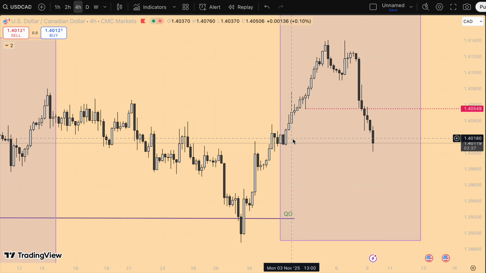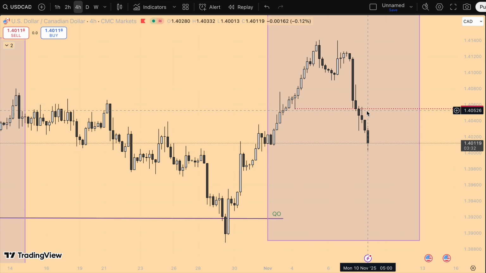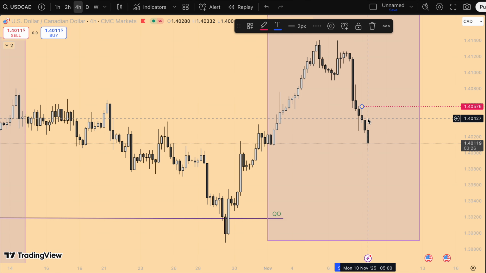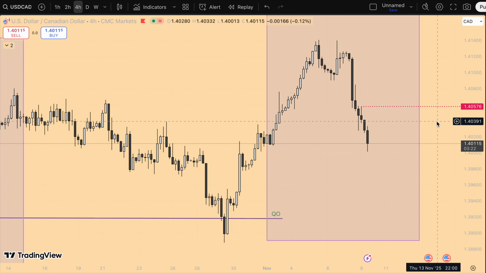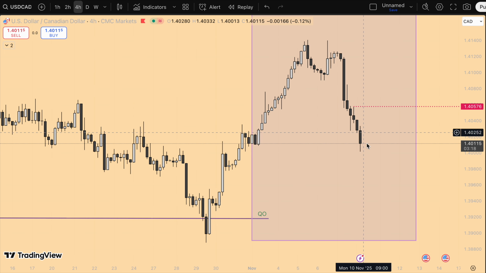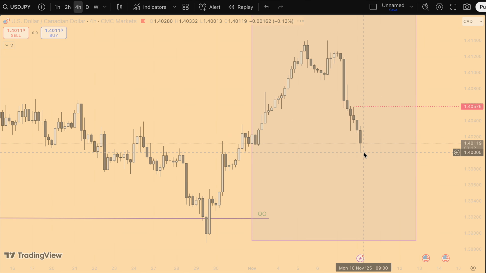For me to take any longs here would be a break of this high. We break up this high and then retest, and then we start to look for those longs. Let's see how that develops, because this is our fractal high and now this is our fractal low. Let's see what happens as this pair develops.